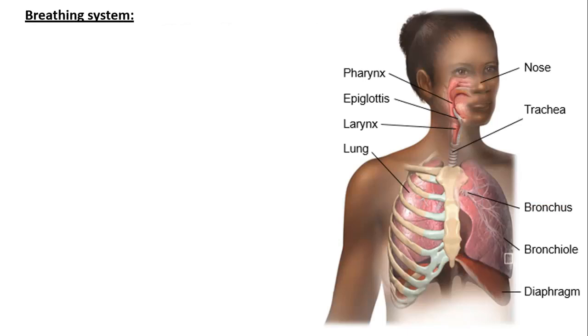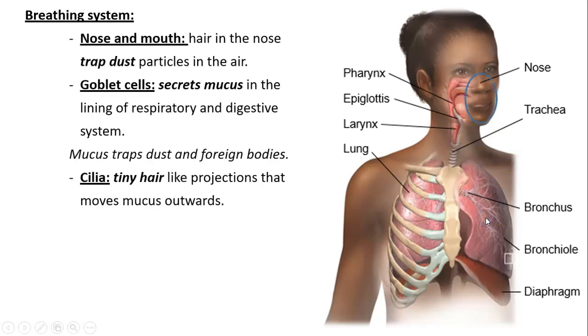So let's take a look at the whole breathing system. Now we know the characteristics of the gas exchanging surface, so we have to look at the whole system that will finally end with this surface. So, the breathing system. It starts with the nose and the mouth.